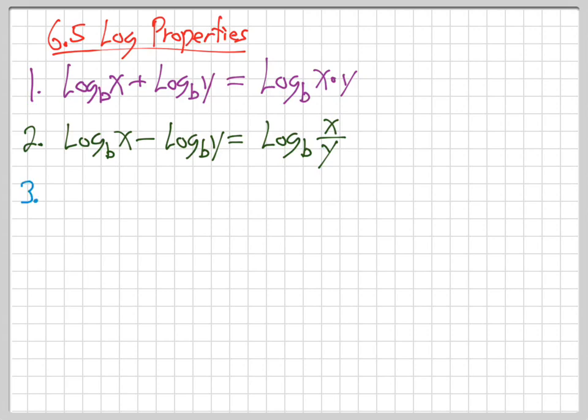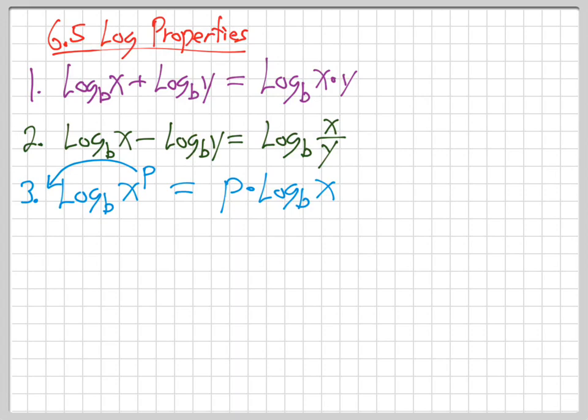And the third property is that the log base b of x to a power, that power can come down to the front and multiply. So those are the big 3 log properties.